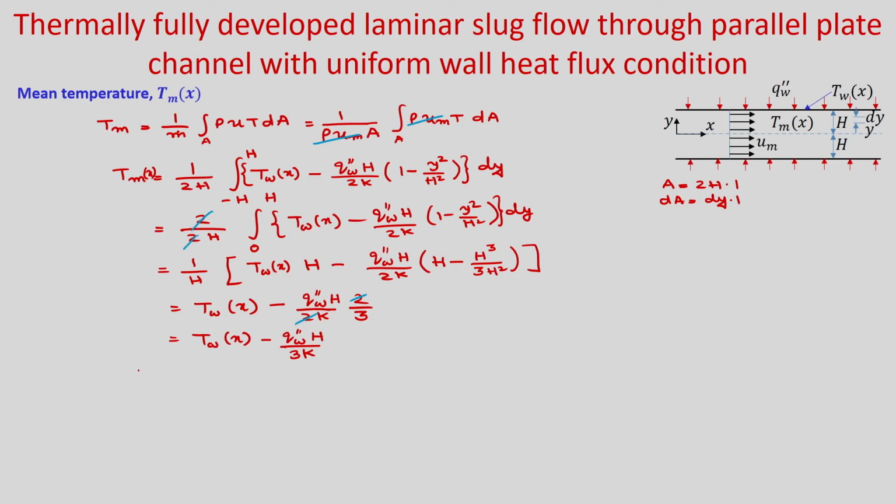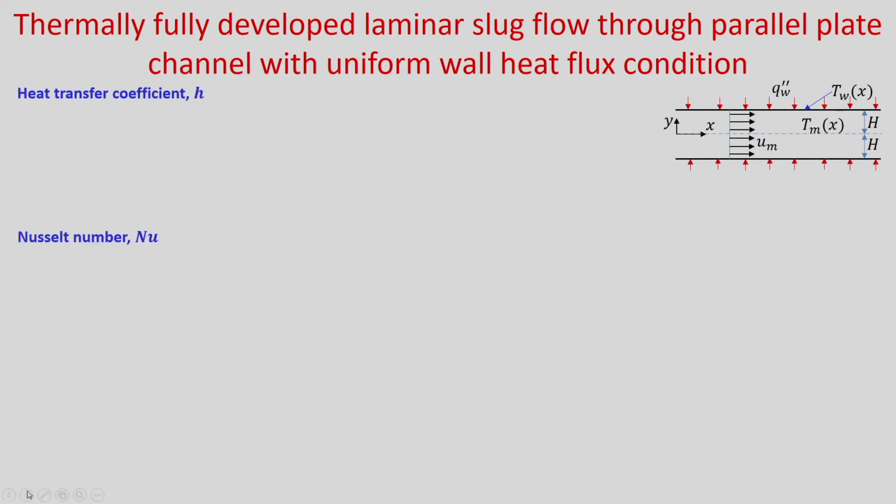Okay. So, the difference between the wall temperature and the mean temperature you can write as q double prime w h by 3 k. Okay. So, now we can calculate the heat transfer coefficient. So, what is your heat transfer coefficient? Heat transfer coefficient is q double prime w divided by T w minus T m, that we got by equating the Fourier's law and the Newton's law of cooling.